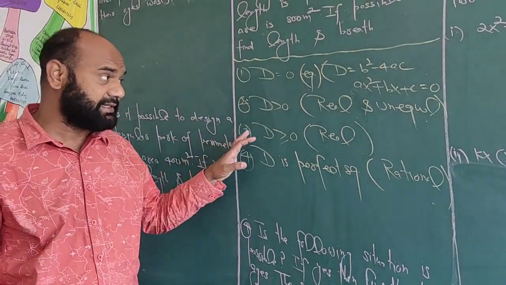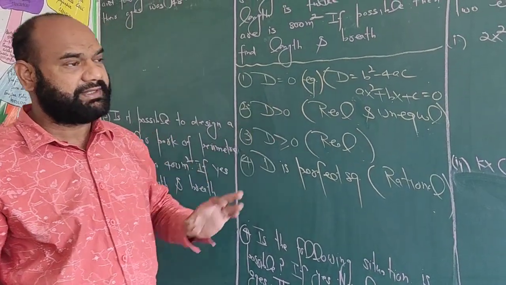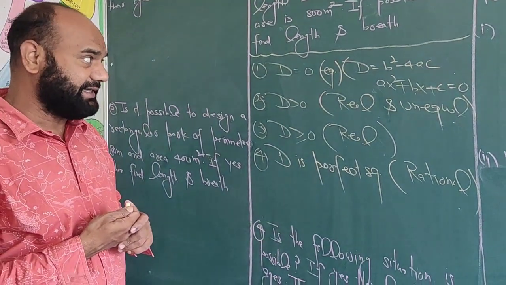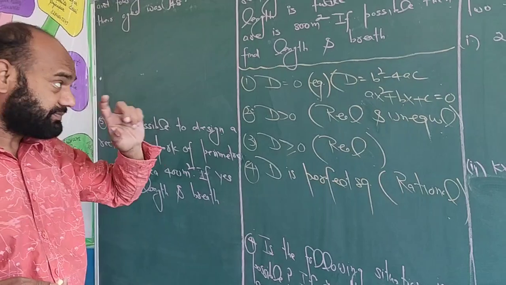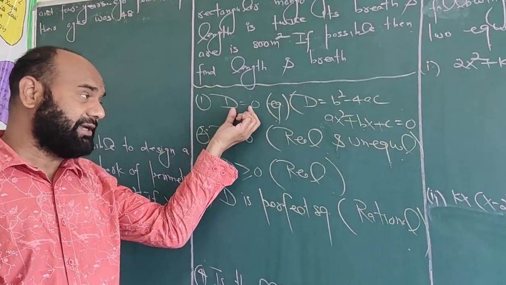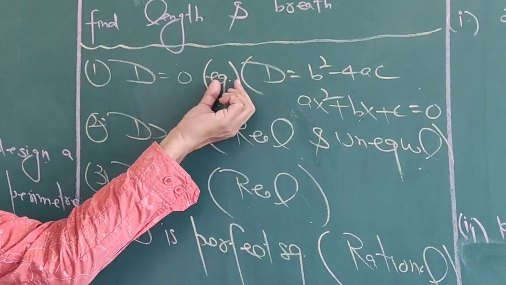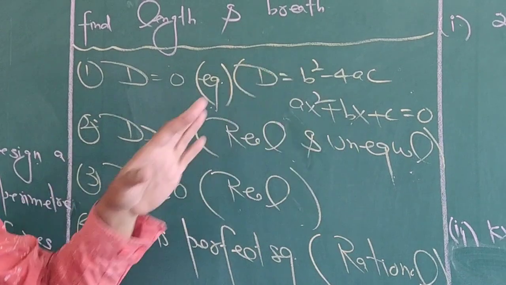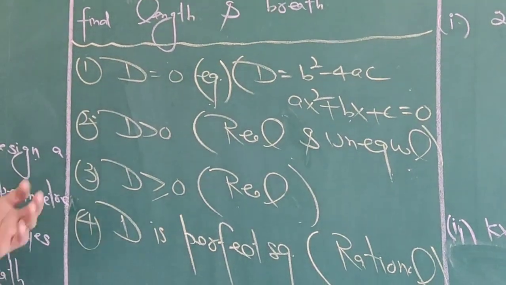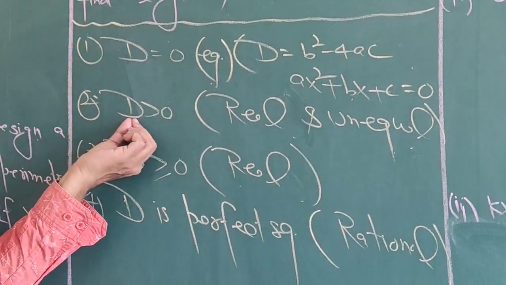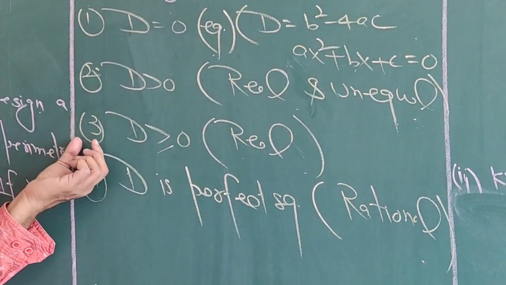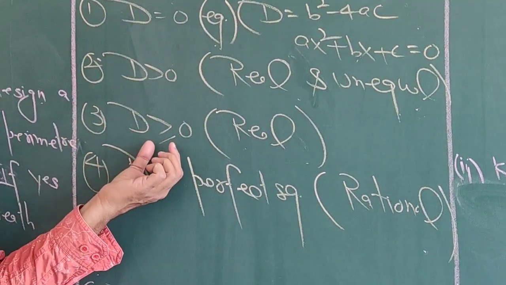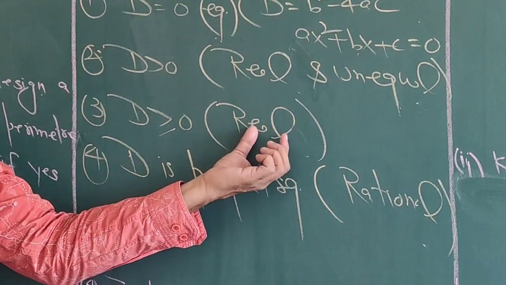There are 4 conditions by which, without solving the equation, we can find its nature. First condition: when discriminant equal to 0, then roots are equal, where discriminant is equal to b square minus 4ac. Second condition: when D is greater than 0, then roots are real and unequal. Third, when D is greater than or equal to 0, then roots are real.